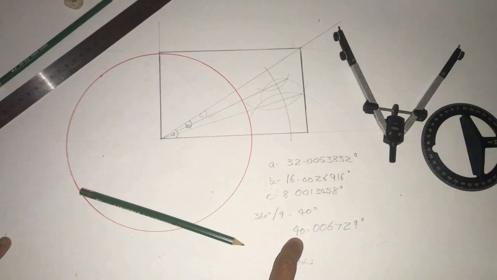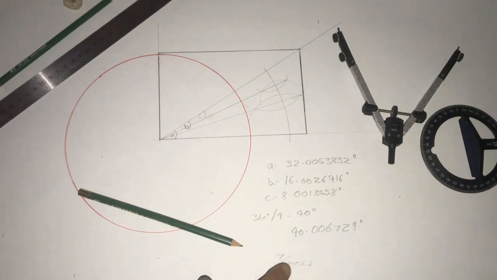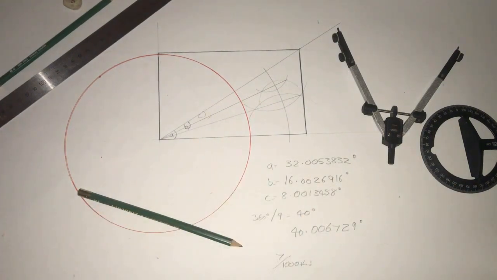Using this construction, I'll get 40.0067, which is 7/1000ths of a degree. Again, essentially impossible for a mere mortal to achieve this level of perfection, no matter how fine your point is, no matter how much time you take to get this accuracy.